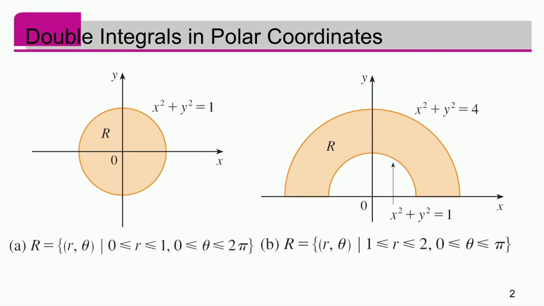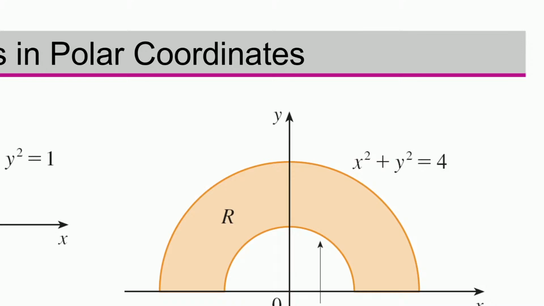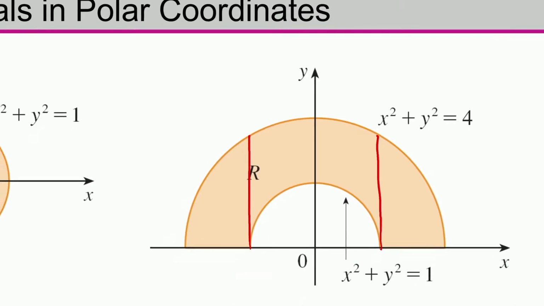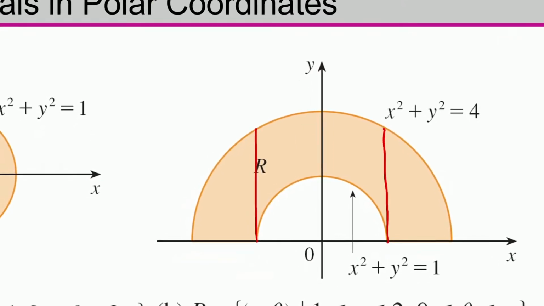If we were to do that in rectangular coordinates, here's what you'd have to do. I just want to point out how beautiful polar coordinates are for something like this. To do this in rectangular, you first of all have to divide this into three pieces, and then do your integral. The reason is that if I draw my rectangle, I don't care if you do horizontal or vertical, the base changes from here to here to here.